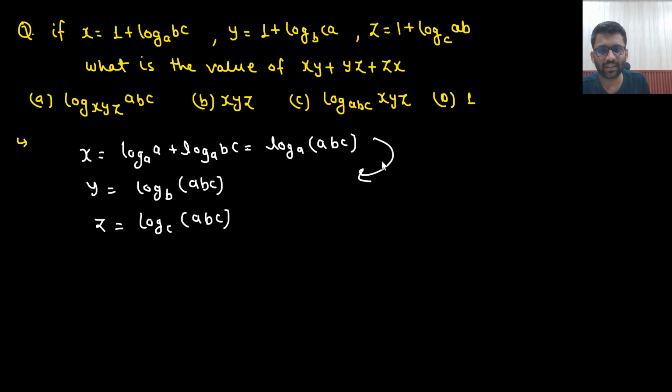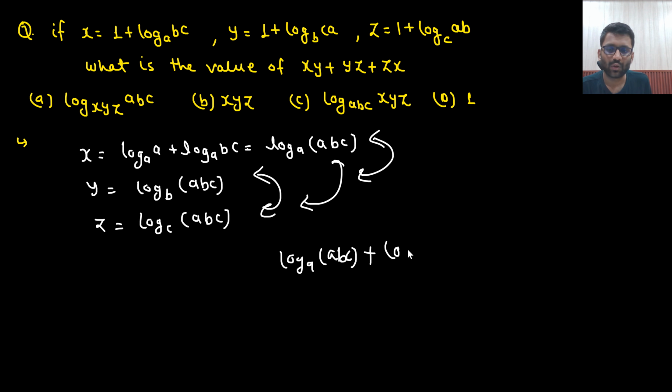If I directly multiply these two, and then these two, and then these two, I don't think I am getting anything fruitful, because I will be ending up with log_a(abc) into log_b(abc) and so on.